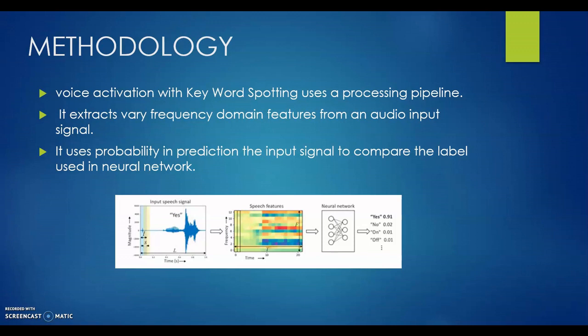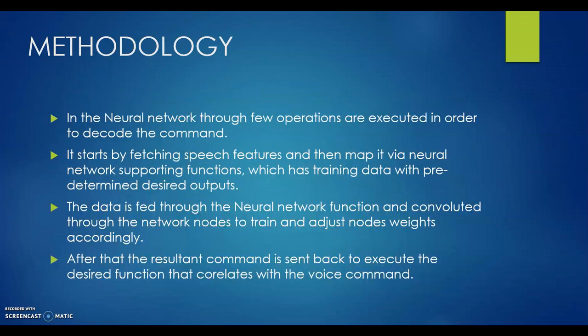Voice activation with keyword spotting uses a processing pipeline. It extracts frequency domain features from an audio input signal. It uses probability in predicting the input signal to compare the level used in the neural network.